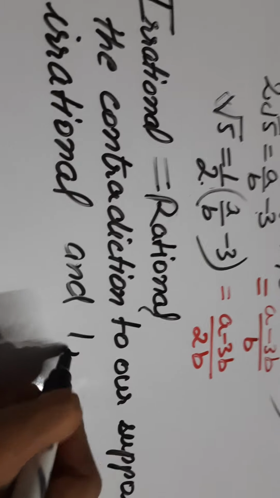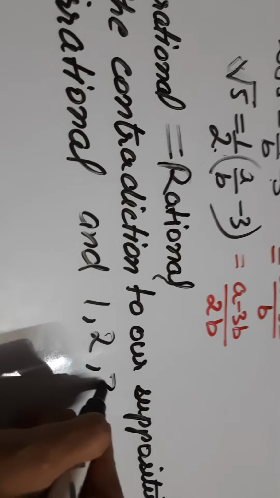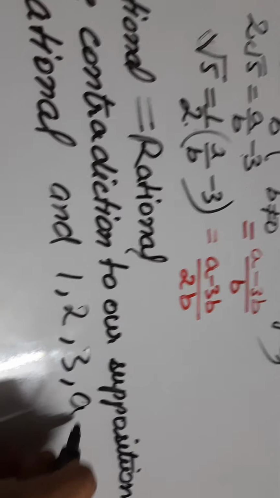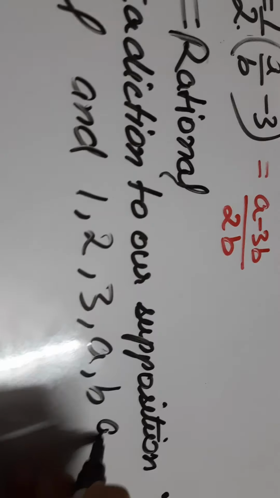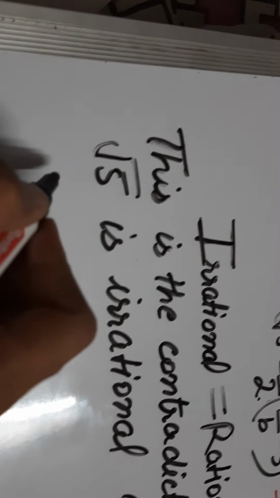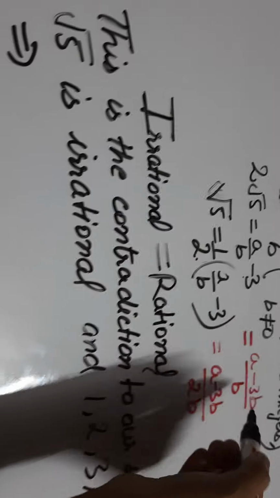1, 2, 3, the numbers which are there in the right hand side, a, b, a, b, all these are integers, and if all these are integers, then the combination, this implies the right hand side, either you write this part or this.